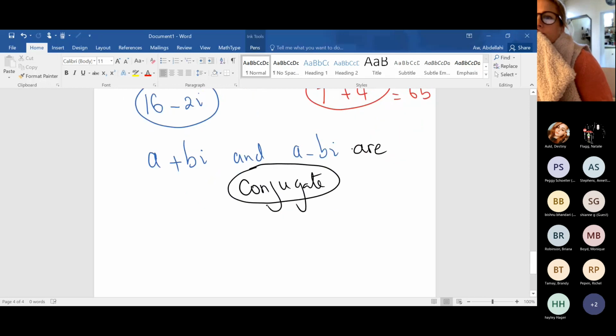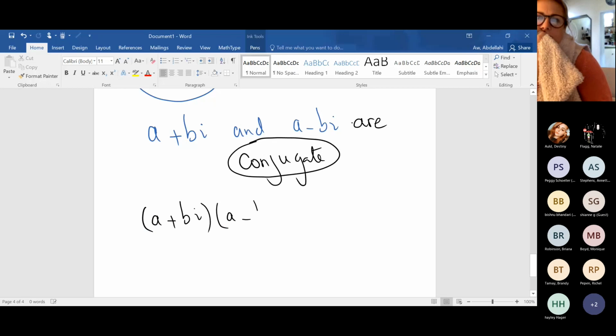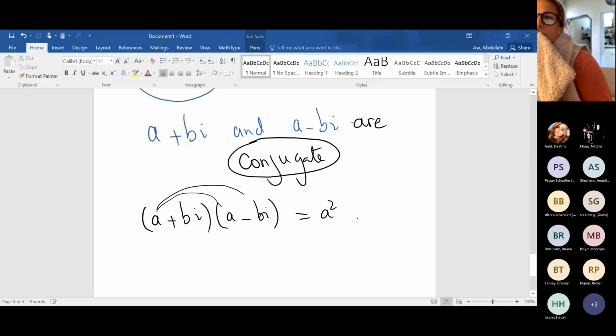A plus bi and a minus bi are conjugate. What happens when you multiply them? Look, when you multiply a plus bi by a minus bi, you get a squared minus abi plus abi.